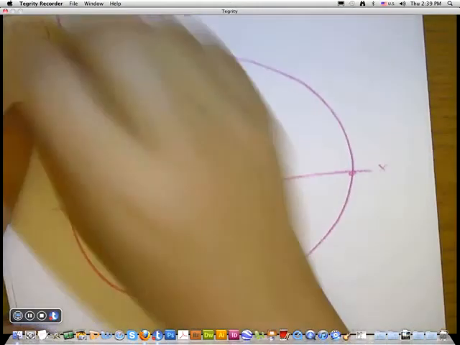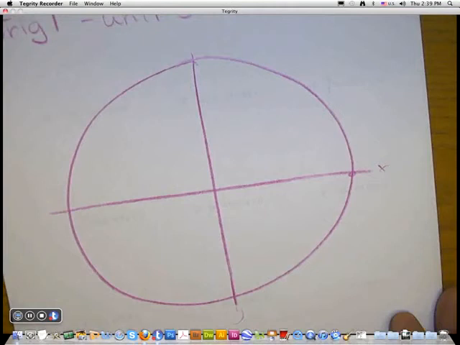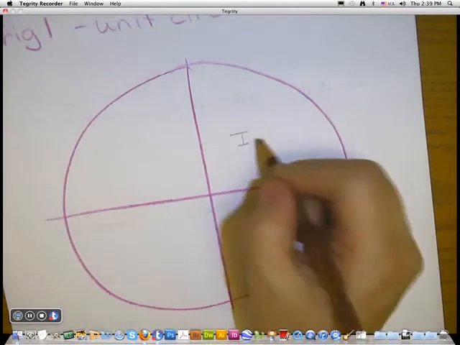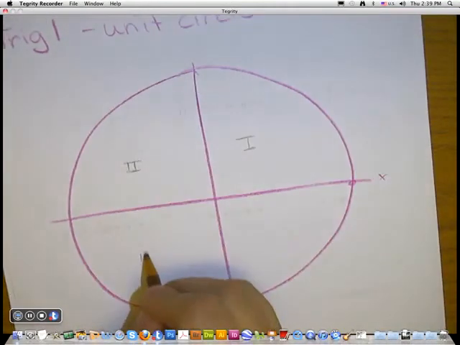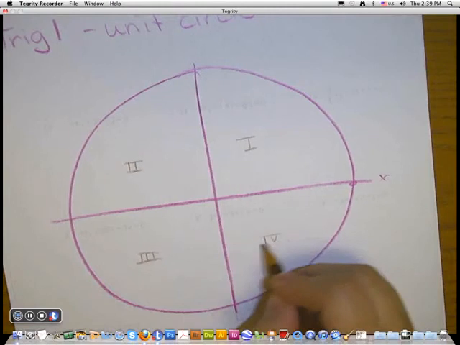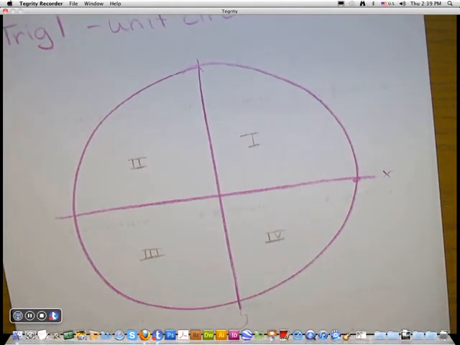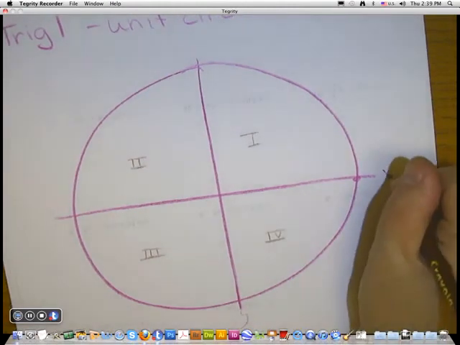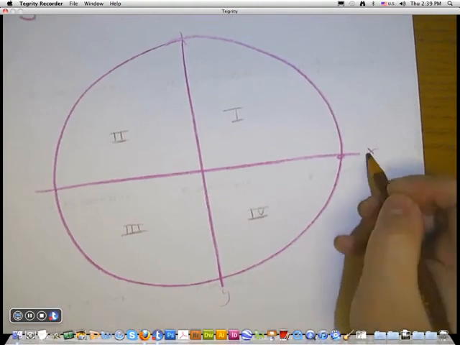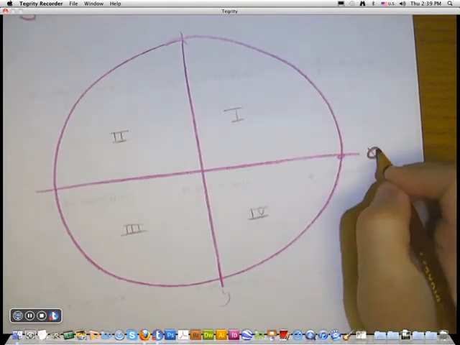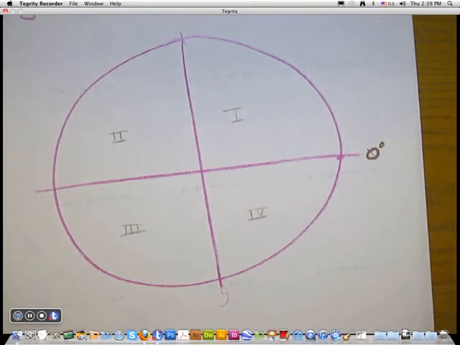And what we need to know from our trig circle is obviously we need to know our quadrants. There's quadrant 1, 2, 3, and 4. These are things that we should already know. The x-axis is always our beginning point. It is our 0 degrees.